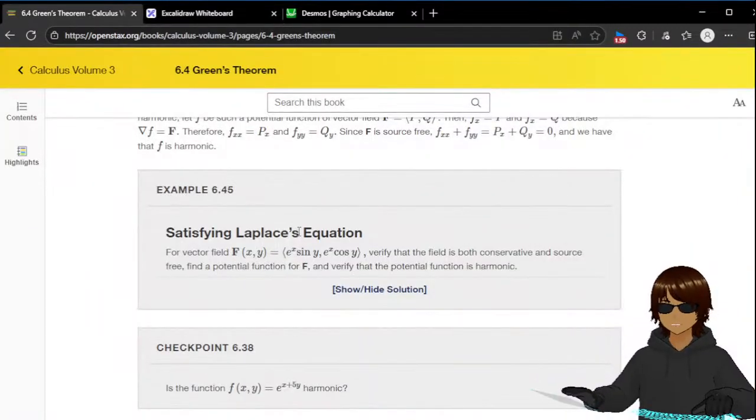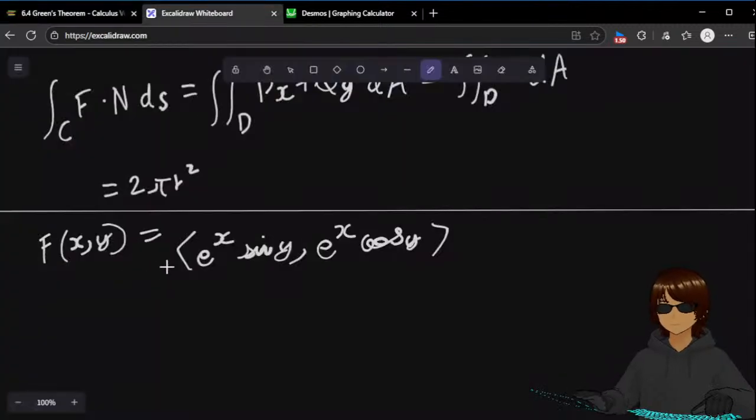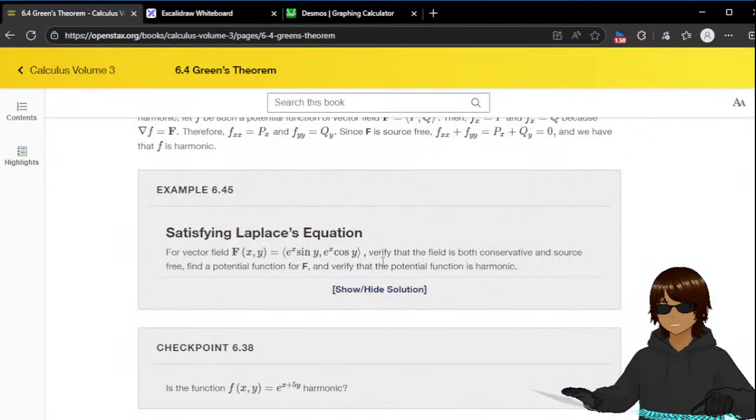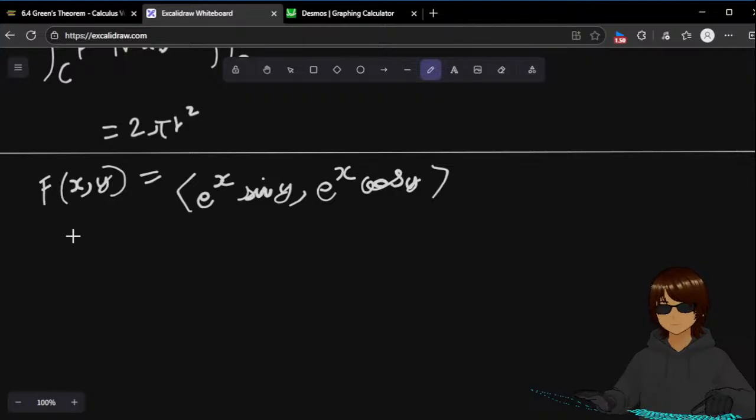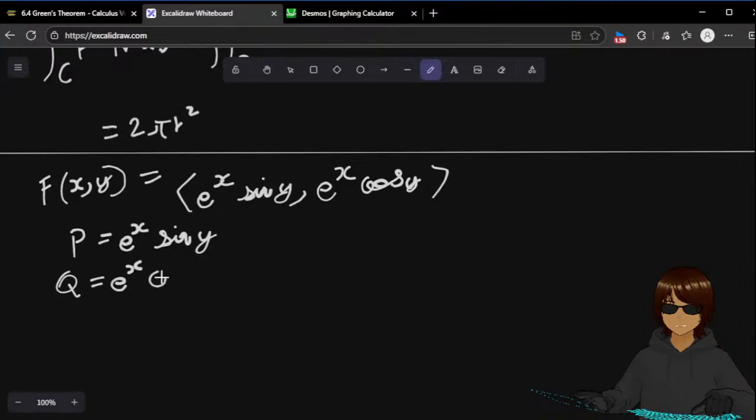So we have sine y, cos y. They want us to verify that the field is both conservative and source free. So P is equal to this, and Q is equal to this.